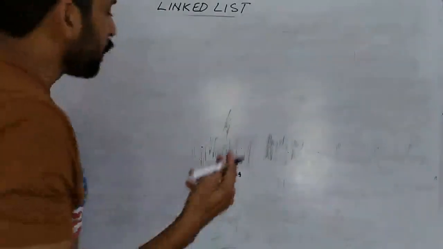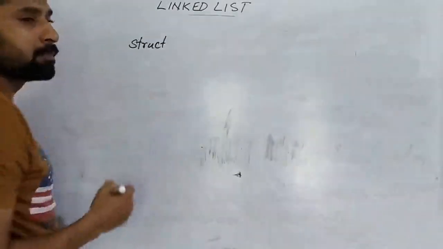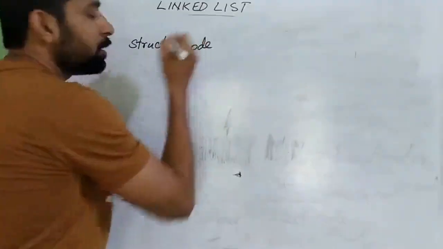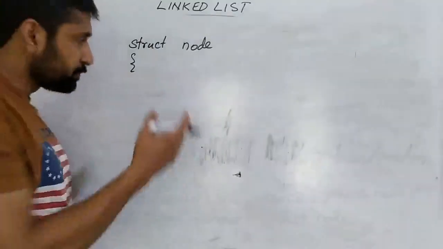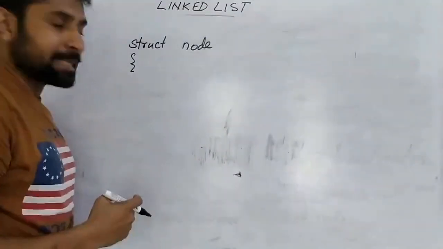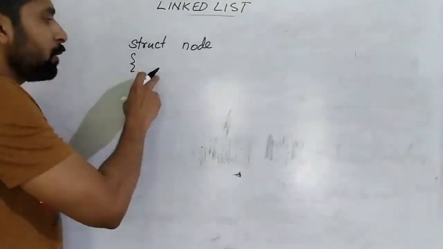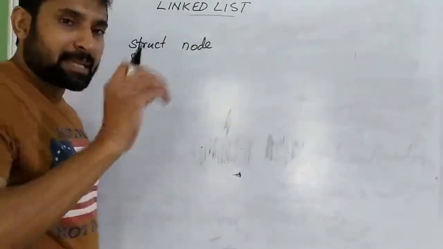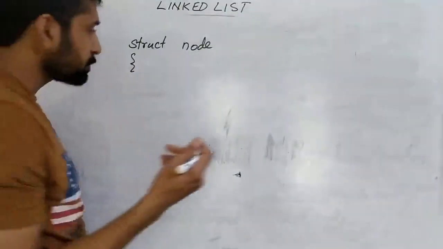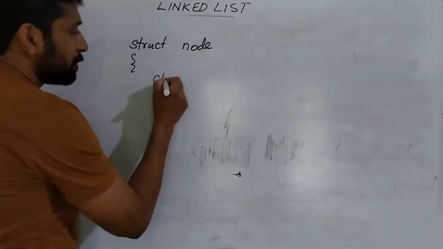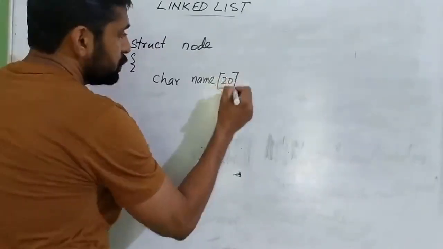Let us see. We can define a simple node like this. Struct. Usually we name it node. As we know, a node contains two parts. First part is for the data and the second part for the link. Suppose we are storing a name. So we can write char name[20].